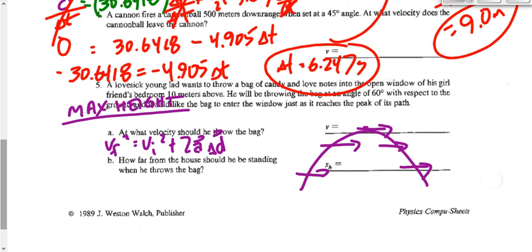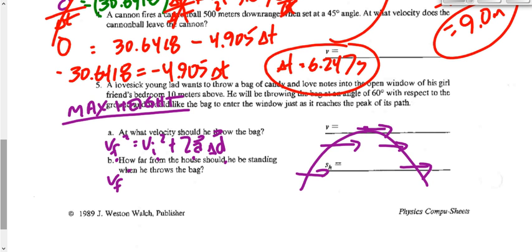Up and down right here? 0. So we're going to say that's 0. VI is 30.6418. A is negative 9.81. Solve for the displacement when VF is 0. Solve for the displacement when it stops. Why? Because it stops at its maximum height.